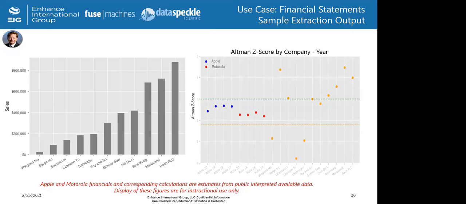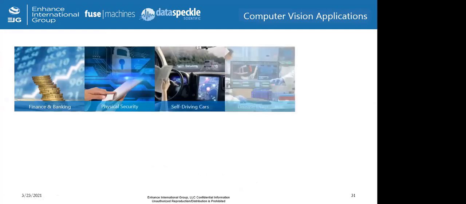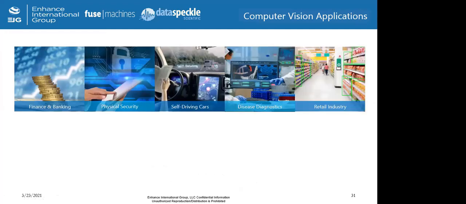You see those orange dots on the right-hand side representing those dozen or so companies. And then you can see the Altman Z calculated consistently over time. You see how each of these companies, Apple and Motorola, are doing. So again, this is for illustration purposes only, but it gives you an idea of what you can do.